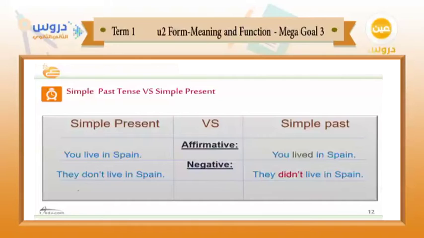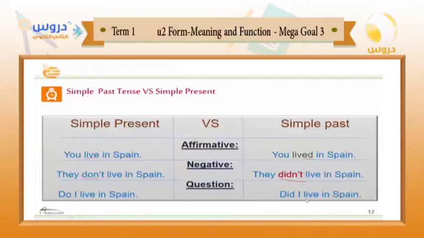So note here: don't, didn't. Here live became lived. So here we just change the verb, live, lived. And here we change the auxiliary verb do to did. And in question, in present simple, we say, do I live in Spain? And in simple past, we say, did I live in Spain?